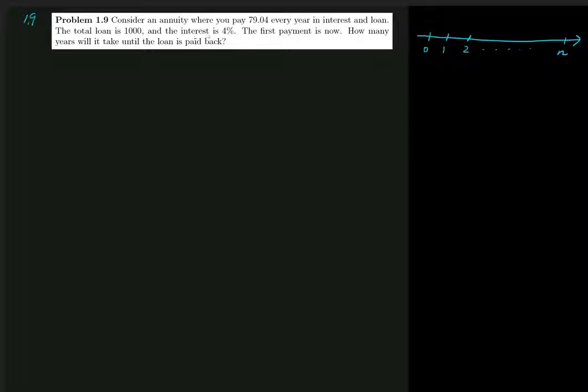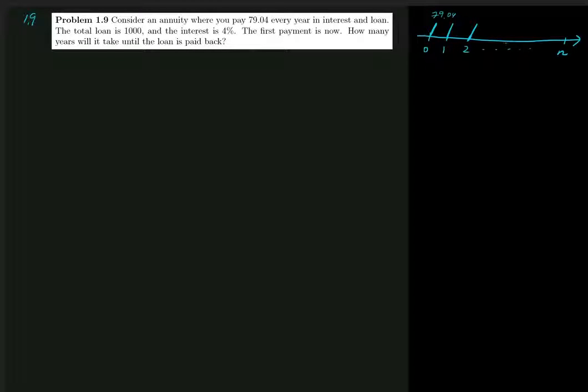The interest is 4% and the first payment is now, so we know that at time 0 we pay the first 79.04 and then at time 1 we pay the next, and so on. How many years will it take until the loan is paid back?